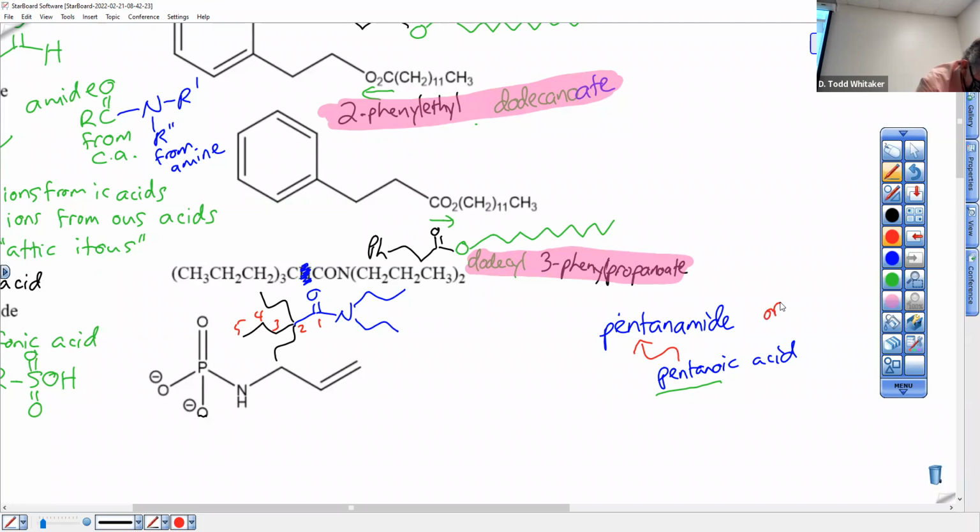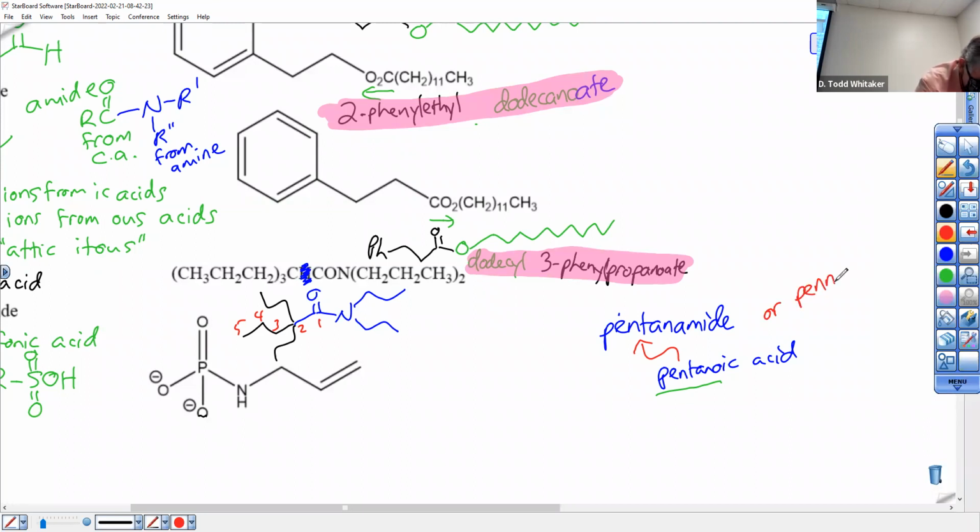Or I'll even be very clear about it. Pentanoamide. Pentanoamide, in my books, is perfectly fine. The people at IUPAC give you a little trouble. OWL would probably give you a little trouble. But I follow the rules a little better with a red one.